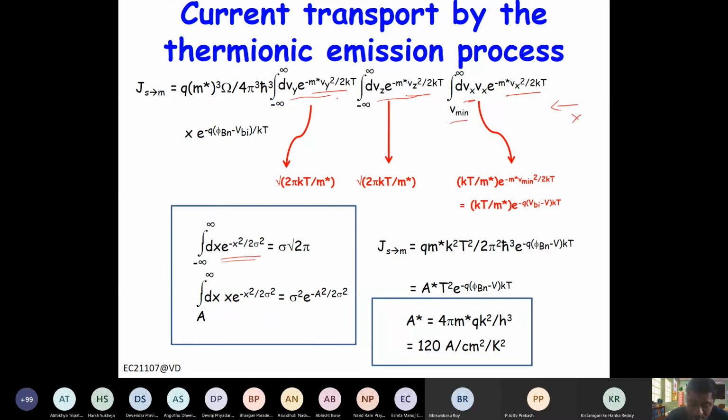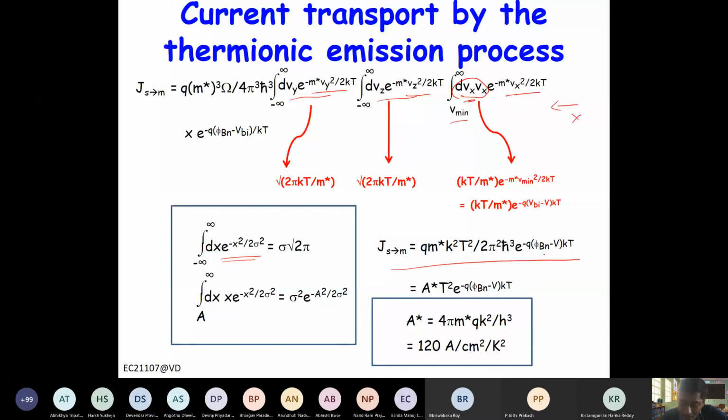So if you substitute, it becomes root of 2 kT by m times root 2 pi. So these both integrals are the same. This is V dV, which is d of V square by 2, so it will be simply an exponential thing. Multiply this by the coefficient 2 kT by m, and when you put all these things together, you get an expression like this.